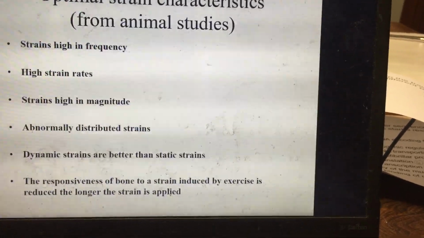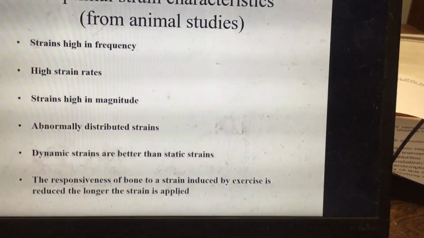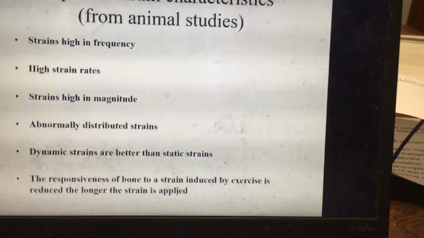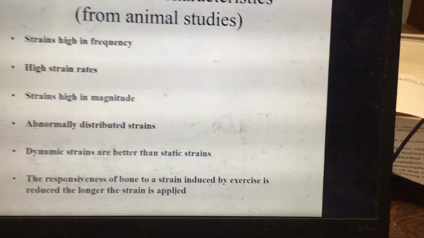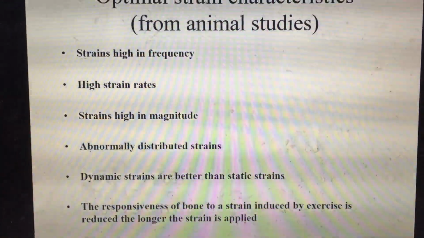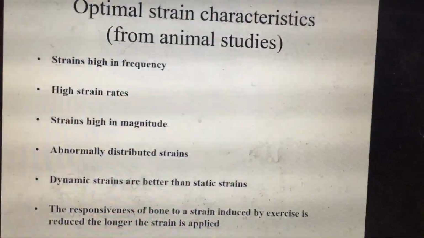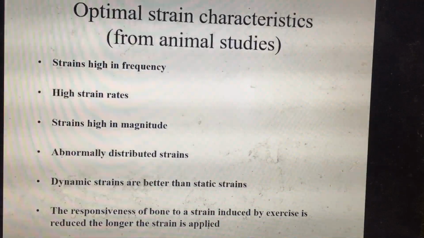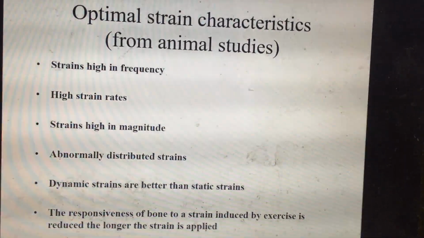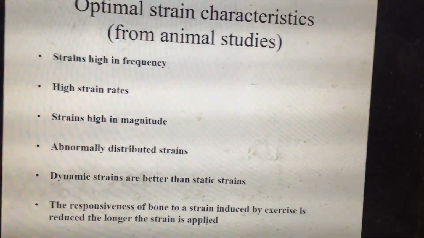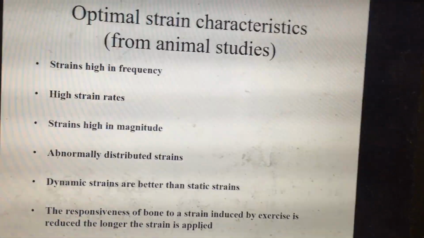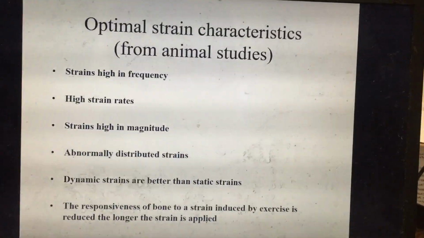Dynamic strains, so those that involve movement, are better than static strains, which just hold the strain on the bone. And the responsiveness of bone to a strain induced by exercise is reduced the longer the strain is applied. So if you can apply a strain frequently throughout the day, it's better than applying all the strain at once. And I'll get into specific examples of each of these.